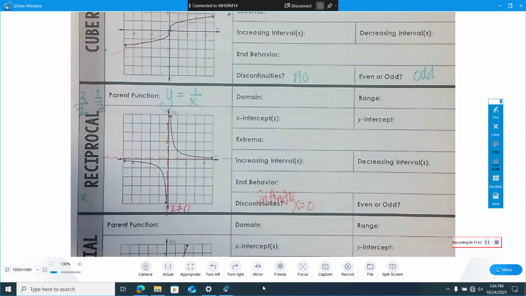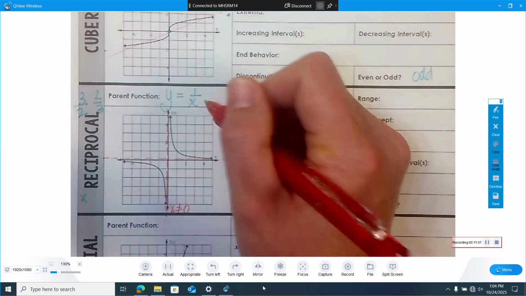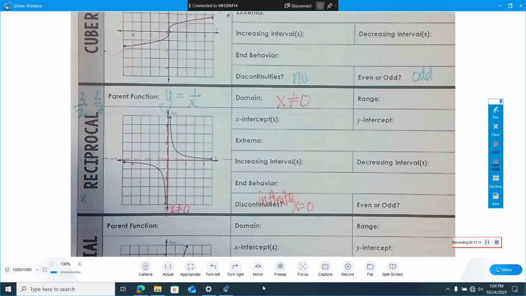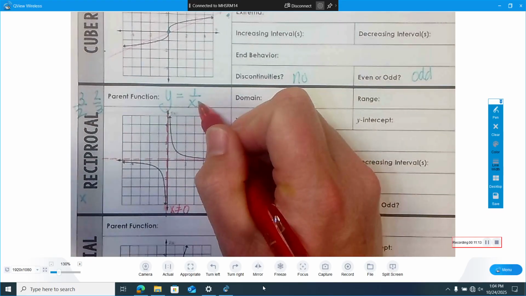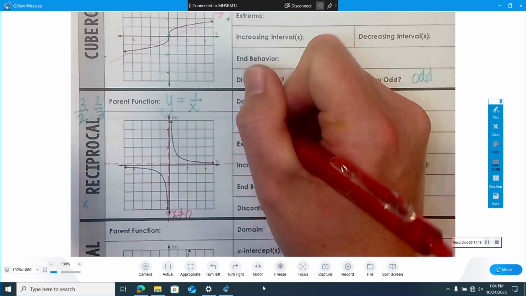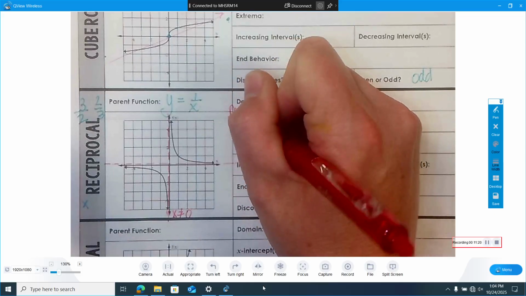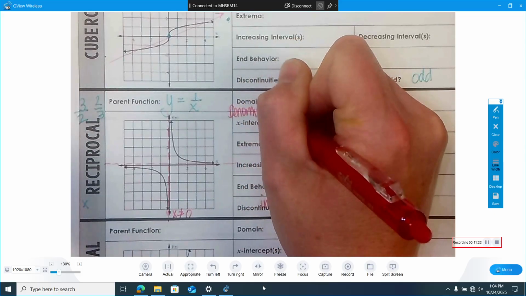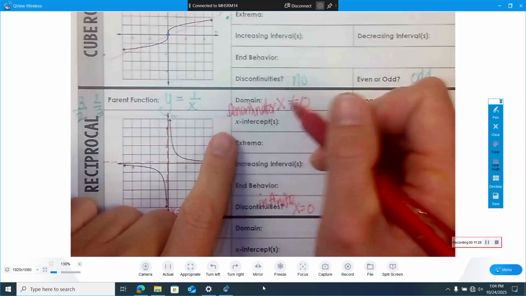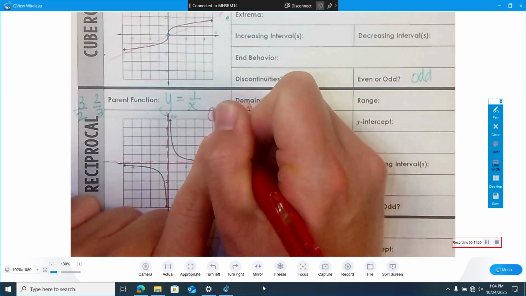Anyway, so this has a domain restriction that x cannot equal 0. And that's because of the denominator. We're going to talk so much more about this, but denominator, domain: any function that we're ever given, if we have a denominator, the denominator cannot equal 0.